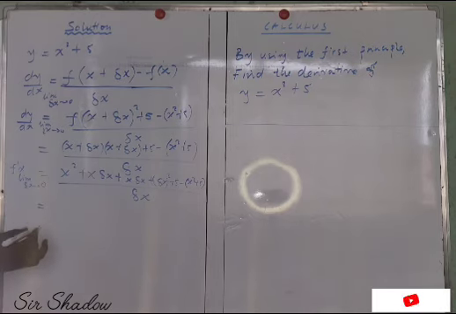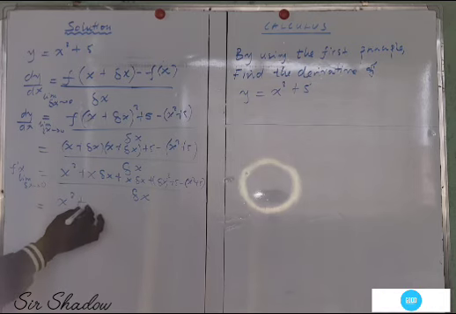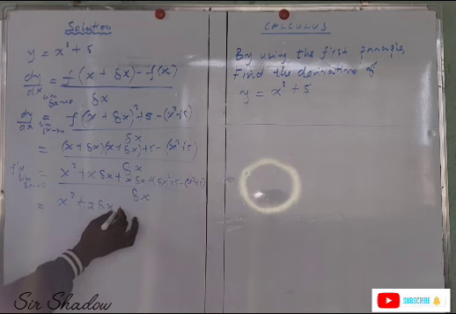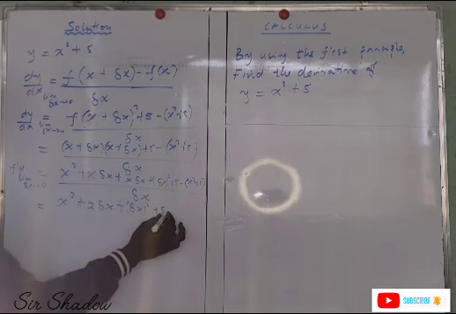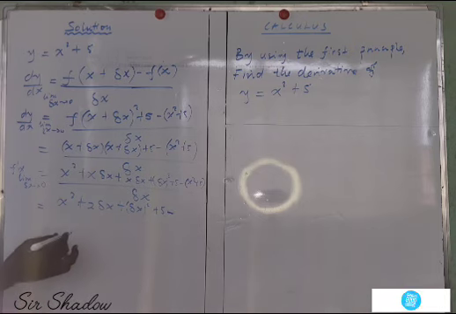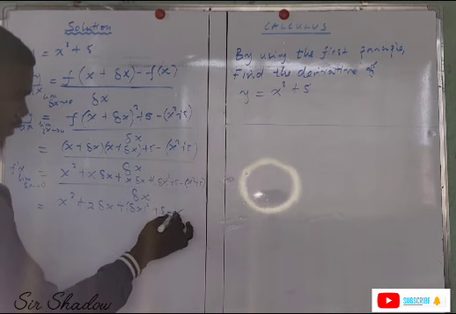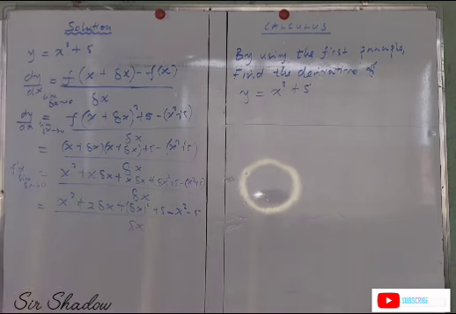So this becomes x squared, plus x delta x plus x delta x to give us 2x delta x, plus delta x squared, plus 5, minus the bracket x squared plus 5, all over delta x.